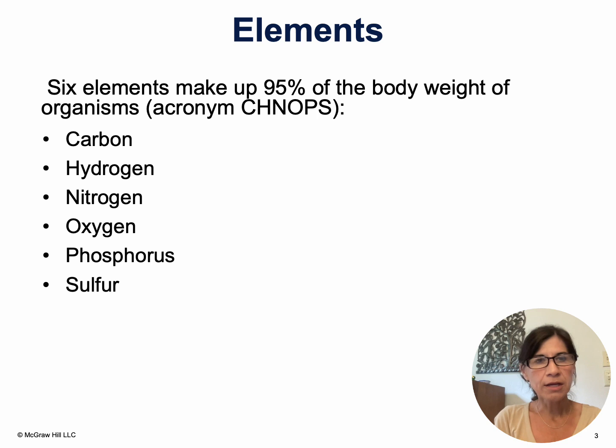As I write here, those 6 elements make up 95% of our body weight, okay? And not just ours, but plants, anything. A lot of those other elements, as you see on the periodic table, are inorganic substances, or things that are not from living organisms.